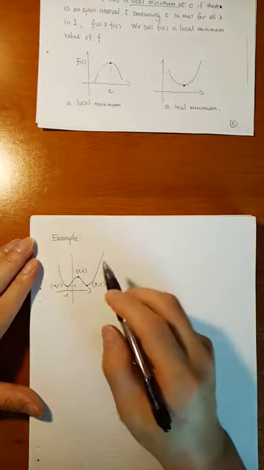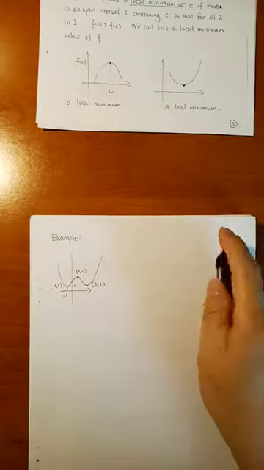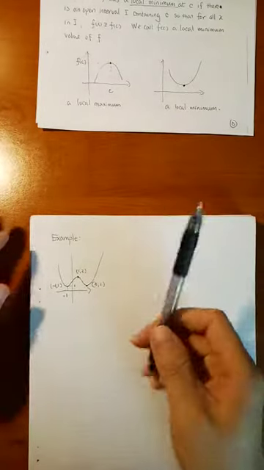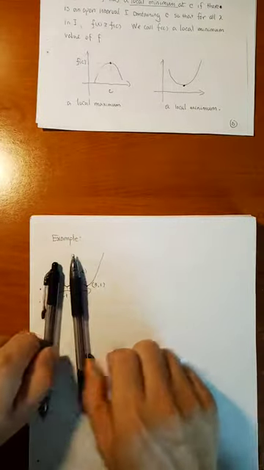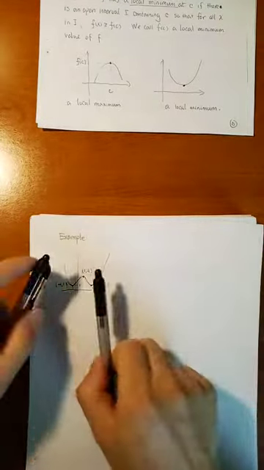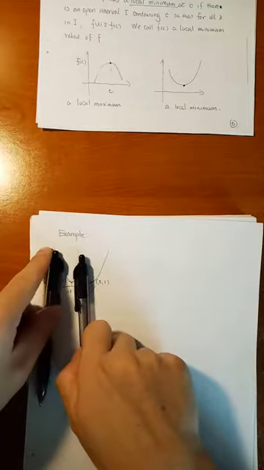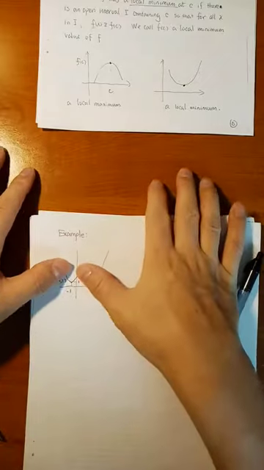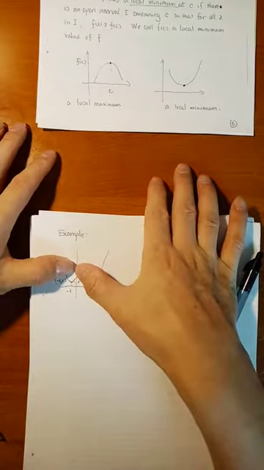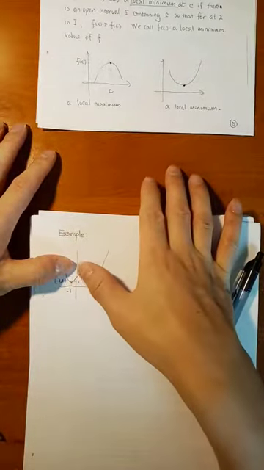And based on the graph, how do you determine the local maximum and local minimum? You just look at it in the narrow domain. If you look at this picture, you see this is a minimum, so it is a local minimum.